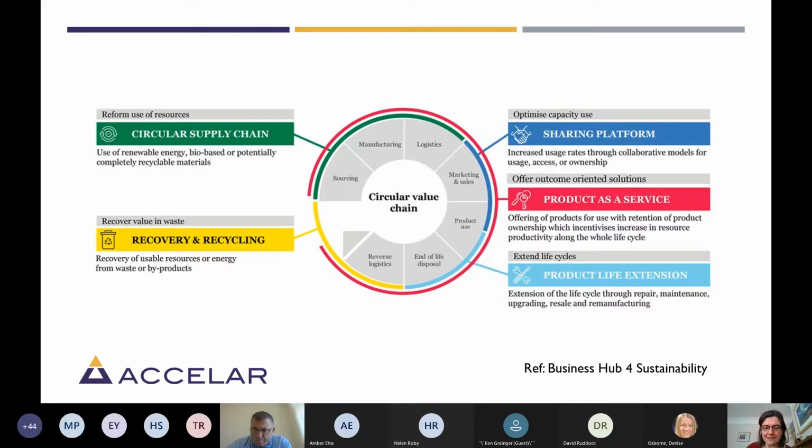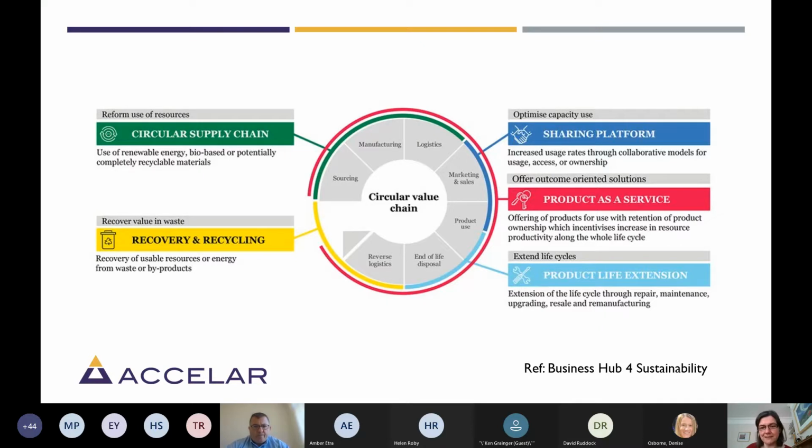Product life extension, super key to circular economy. A lot of the other business models rely on product life extension. So we're looking at reuse, remanufacturing, resale.